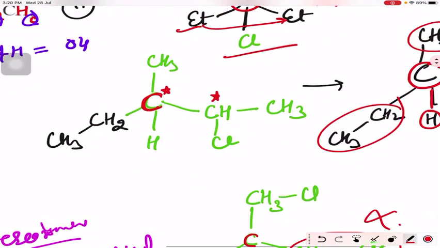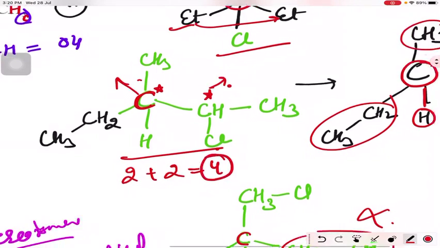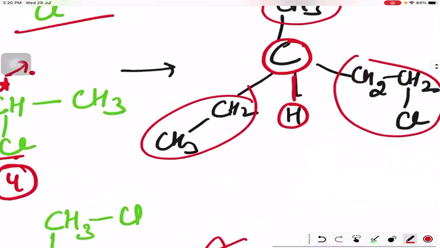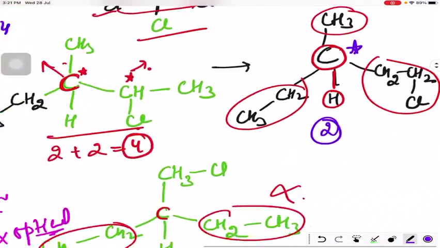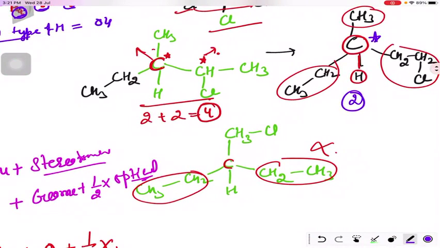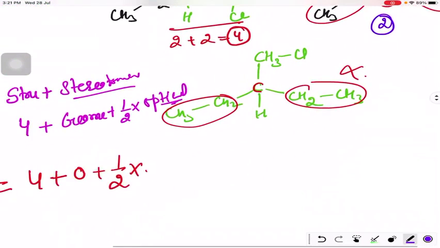As it is chiral, obviously it will have 2 enantiomers. So 2 will be of this carbon and 2 will be of this carbon, a total of 4 isomers from this compound only. Whereas in this compound, it has only 1 chiral center, so 2 isomers we will be getting from this compound. So 4 plus 2, 6.